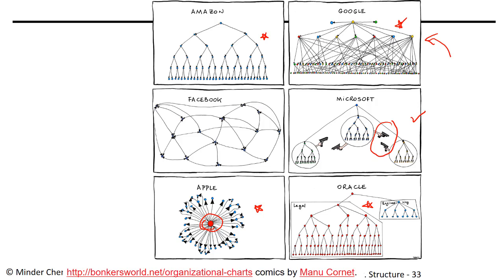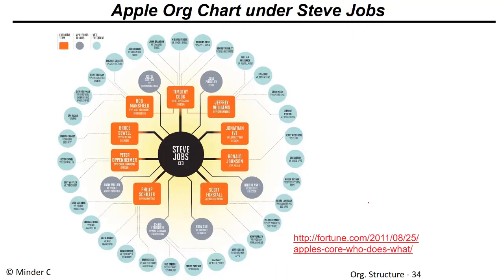Let's look at Apple. Fortune magazine has an article describing the organizational chart when Apple was under Steve Jobs as CEO, and pretty much everything centered around Steve Jobs.